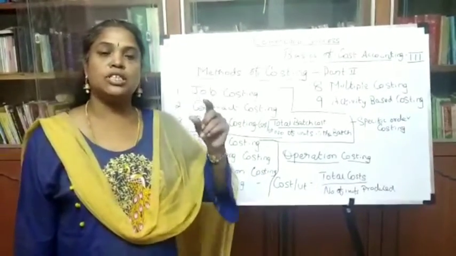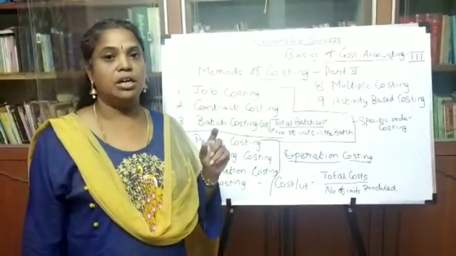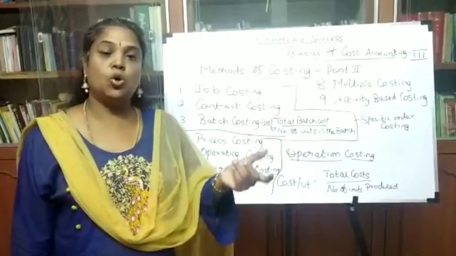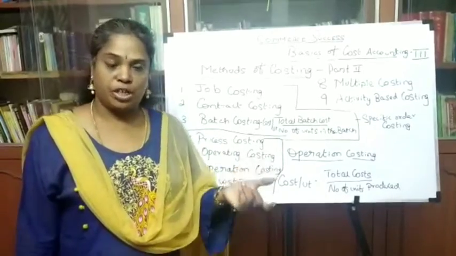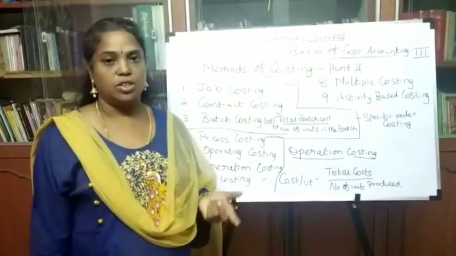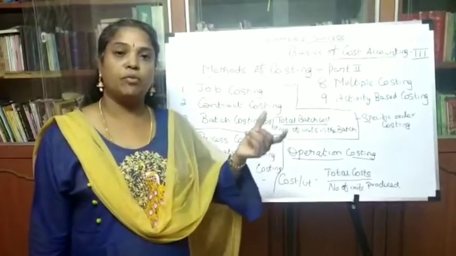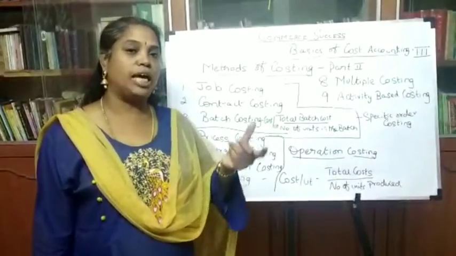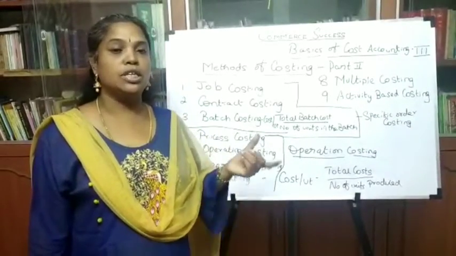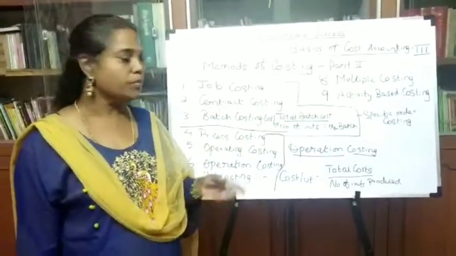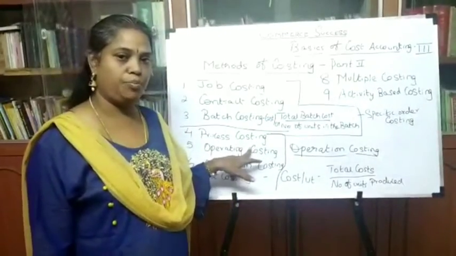So, for each process, the cost will be calculated, and sometimes you will have scrap which will be the output of that process, and that may be sold as a scrap. So, that also will be calculated while doing the costing for each process. The last process will have the final profit because it will show the finished product which is being sold to the market. So, this is process costing.